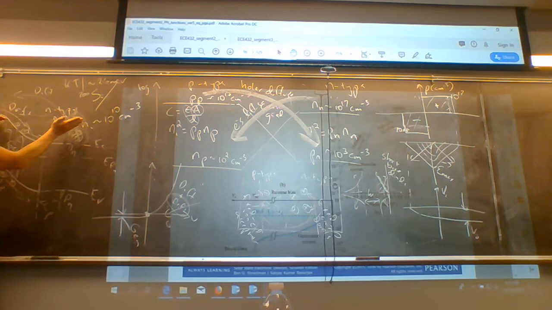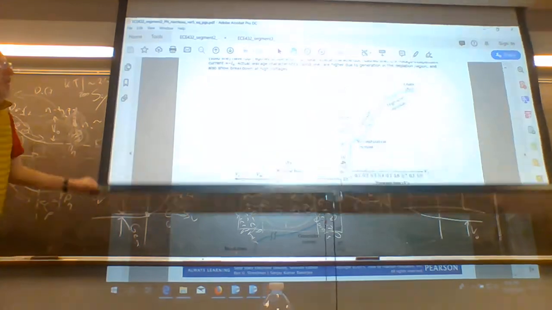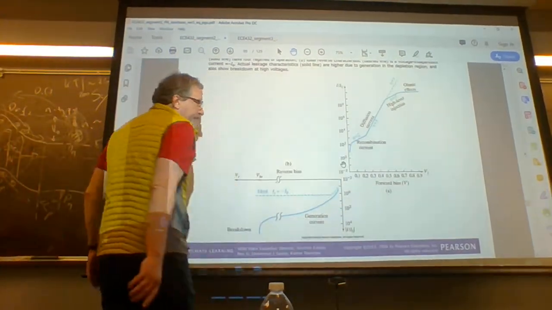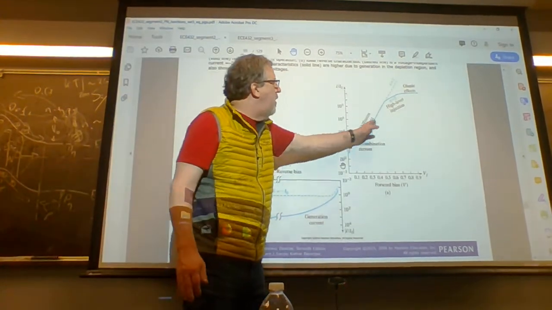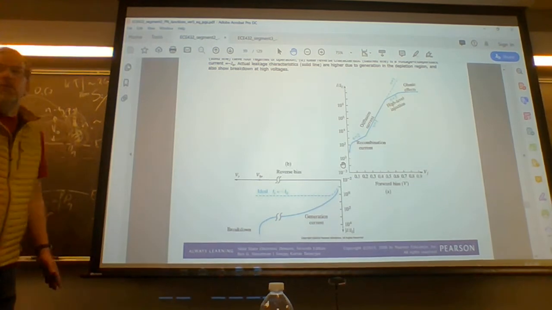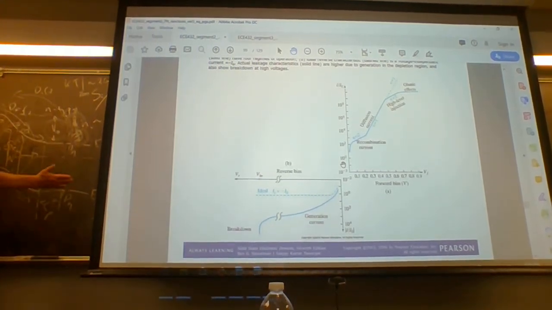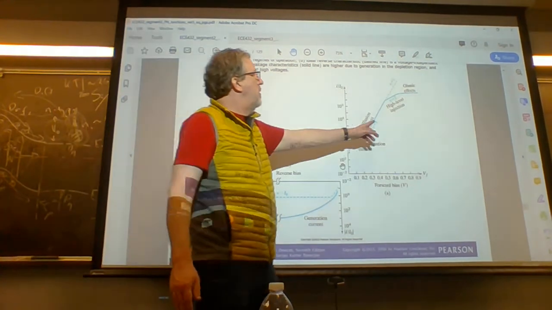So in the initial part, until we get to the cut-in voltage, not much happens. We're still in this generation-recombination domain, and that has an n equals 2 ideality factor. Then everything gets nice and happy, and we're following our ideal diode, n equals 1. And then we get really forward biased. Why does it go back to n equals 2?